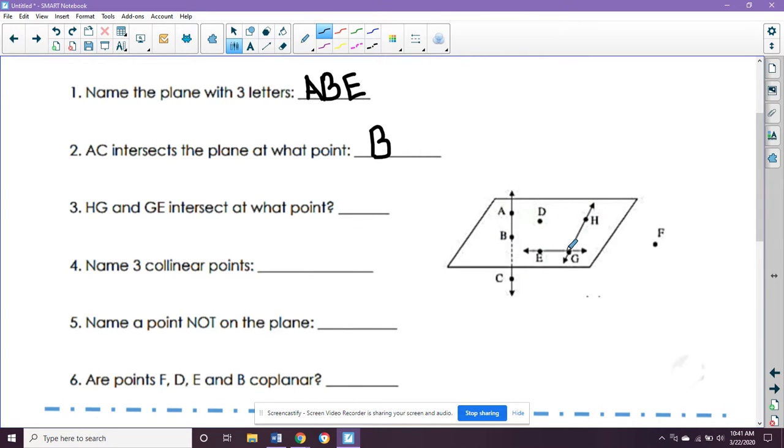So here's HG and GE. Both of these lines connect or intersect at point G.